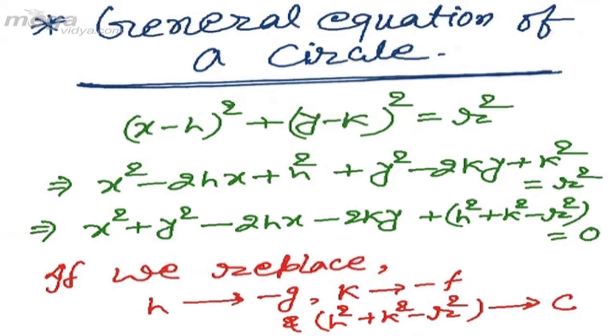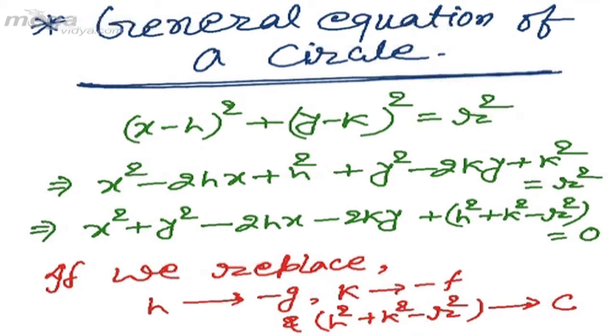Then what does it become? It becomes x square plus y square. See, here it is minus 2hx. h is replaced by minus g, so it becomes minus 2 into minus g into x, that is plus 2gx.